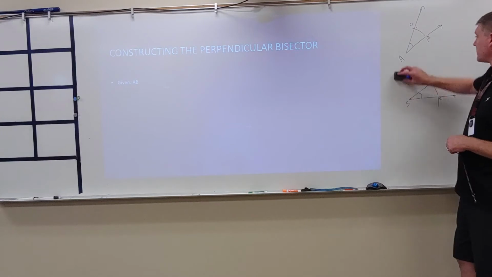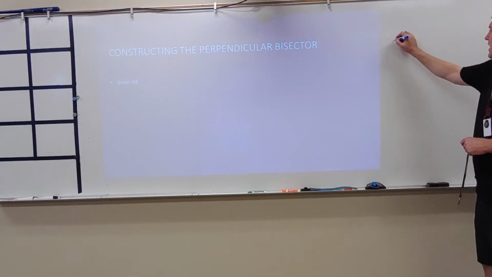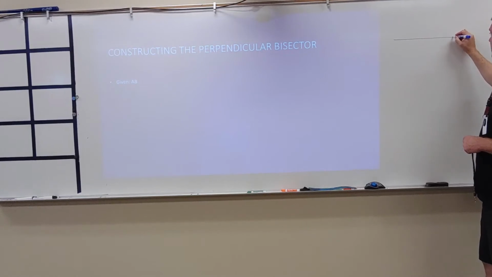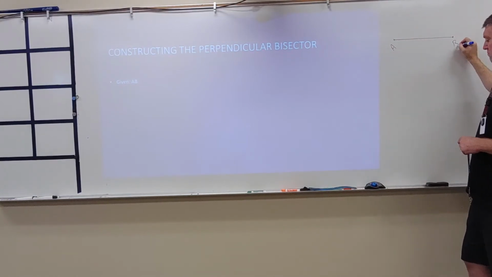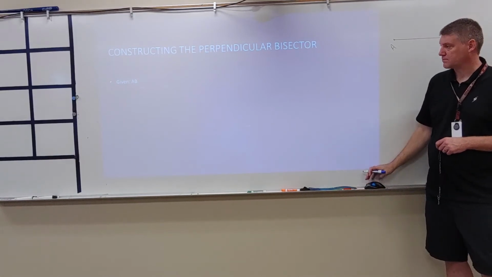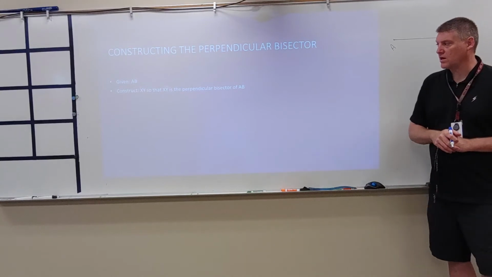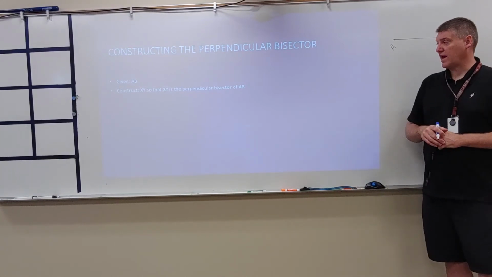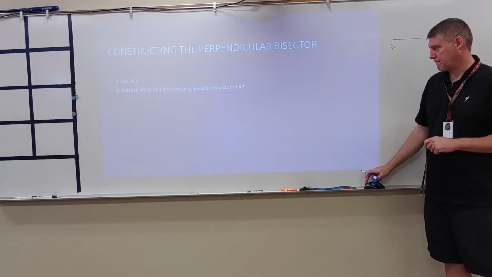So we are given a line segment AB. Okay? So we're going to construct XY in such a way that XY is the perpendicular bisector of AB.